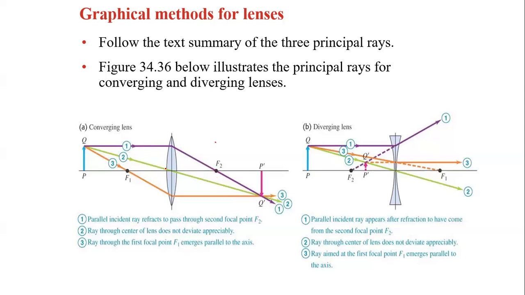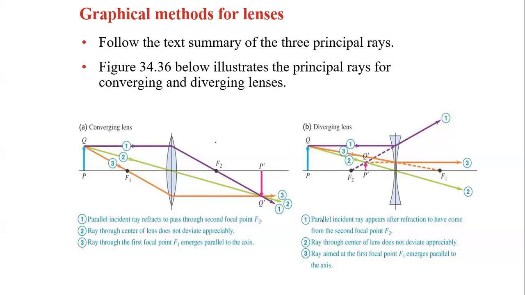The second one is the ray through the center of the lens, which does not deviate. The third one is that from the focus F1, the ray through the first focal point F1 emerges parallel to the axis.